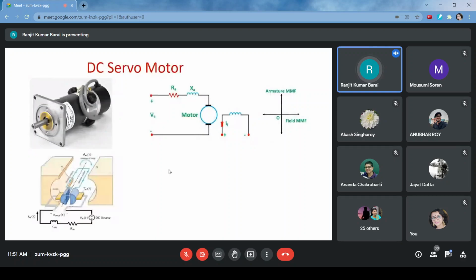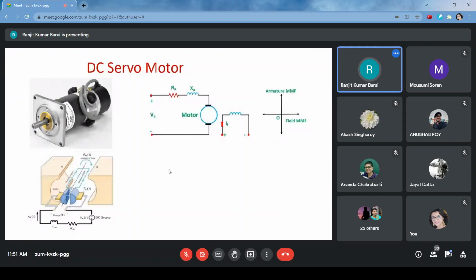By comparing their size and configuration, the longer one will be the DC servo motor, because it is designed in such a manner that its mechanical construction gives it a small moment of inertia. That is one aspect, the mechanical aspect.